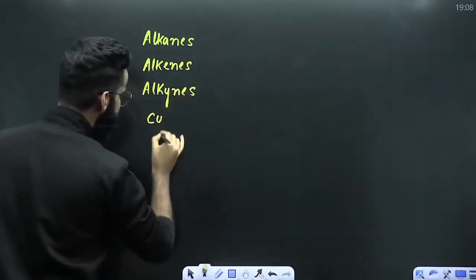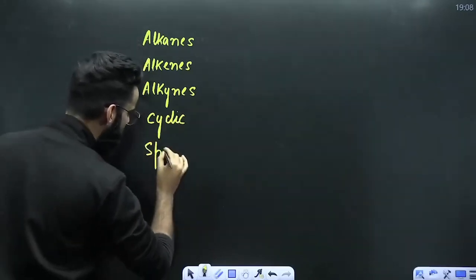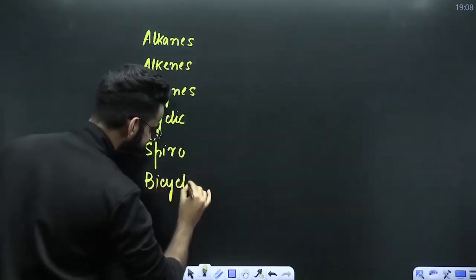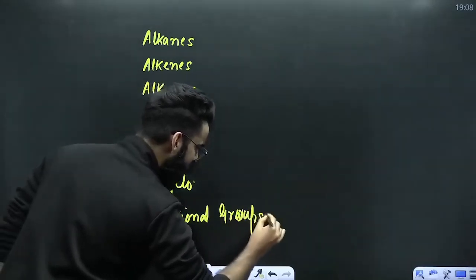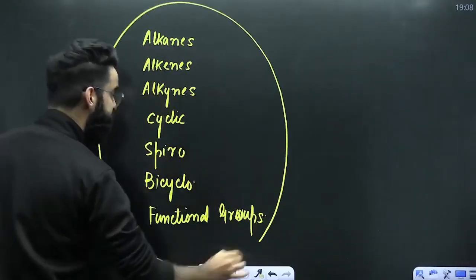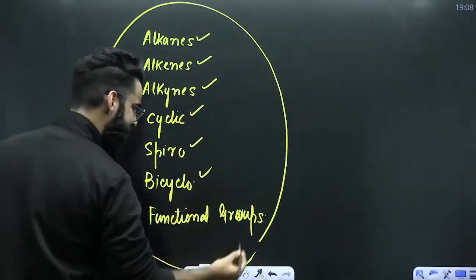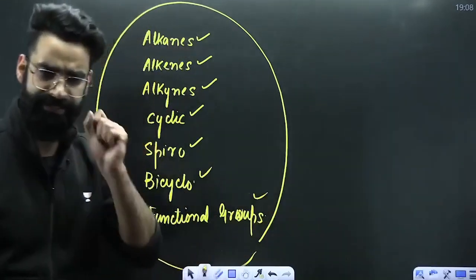Then we shall be discussing the nomenclature of cyclic compounds, Spiro compounds, bicyclo compounds, and compounds containing the functional groups. So this is going to be our today's session flow, my dear students. We shall be starting with the alkanes, then alkenes, alkynes, cyclic compounds, Spiro compounds, bicyclo compounds, and the compounds containing the functional groups. So let's get going then.